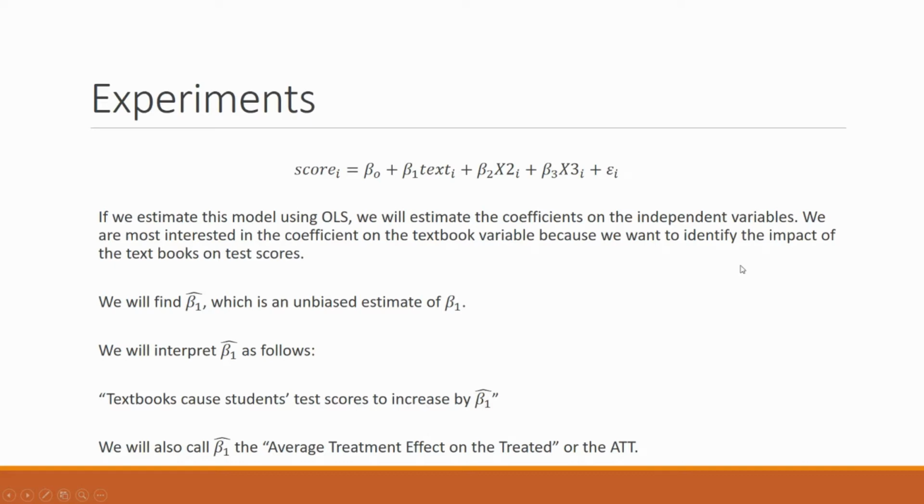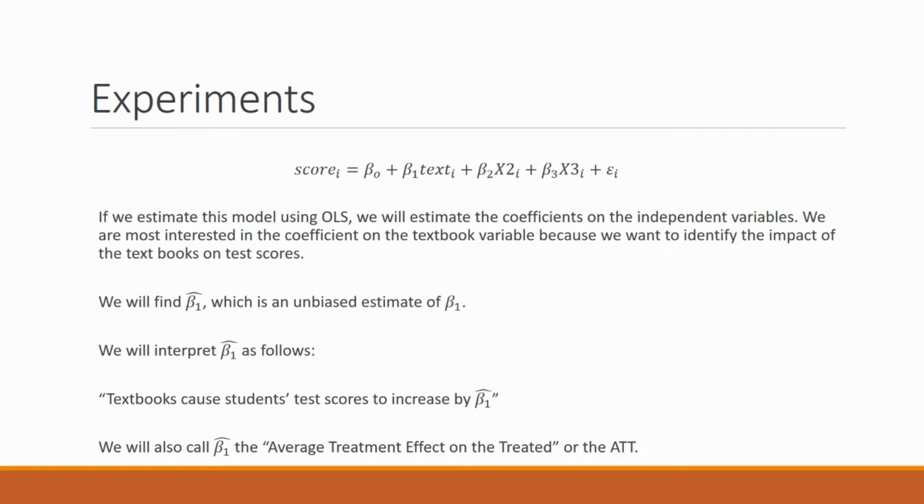We have another term for this beta 1 hat, this unbiased estimate of the impact of textbooks on test scores. We call beta 1 hat the average treatment effect on the treated, or the ATT. It is the effect that the treatment variable has on the treatment group.